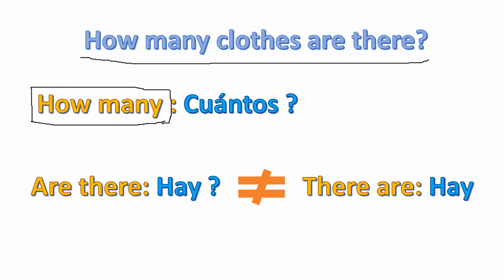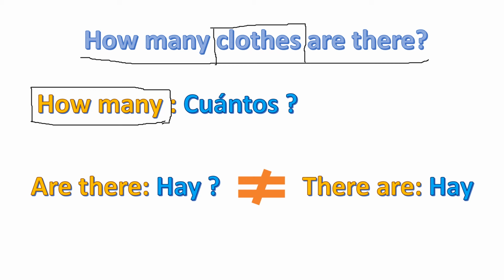Vamos a utilizar la expresión how many, cuántos, cuando queremos preguntar cuántos objetos hay. Pero estos objetos deben ser contables. Contables, es decir, que los podemos enumerar. 1, 2, 3, 4 and more. Usualmente son objetos tangibles, como en este caso, clothes o clothing, las prendas de vestir.